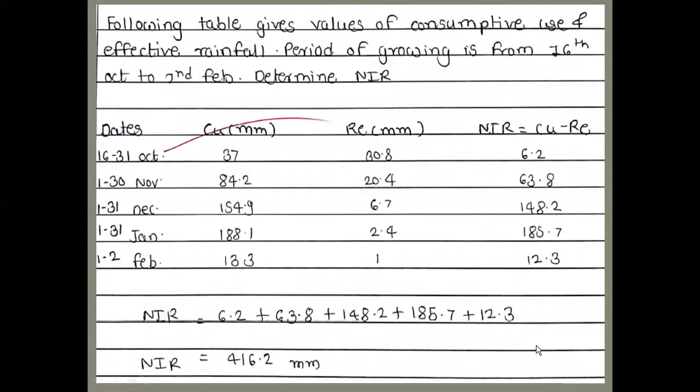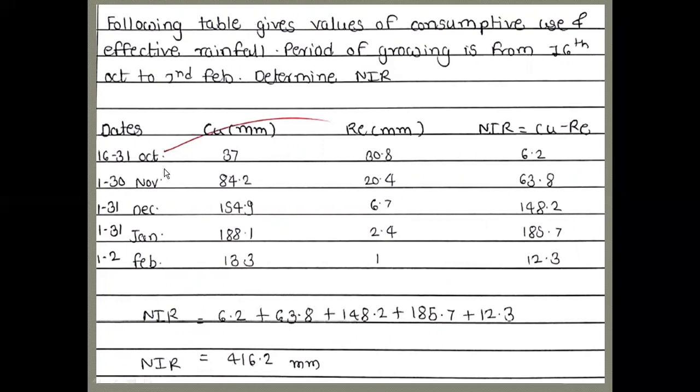Then we will see a problem on this. The following table gives the values of consumptive use and effective rainfall. The period of crop growing is from 16th October to 2nd February. Then determine the net irrigation requirement. In this table, the dates are given, then Cu, Re and NIR, that is net irrigation requirement.